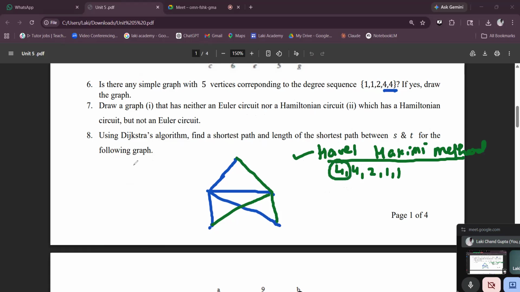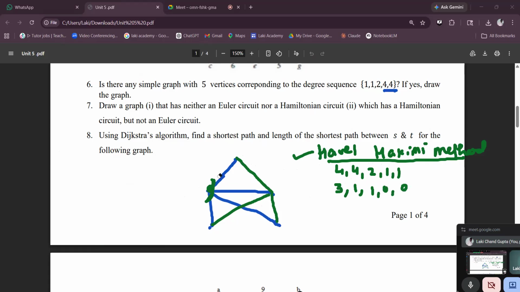This vertex is connected to four other vertices, right? The first vertex is connected with the next four vertices. It means when you delete this vertex, the degrees of all the other vertices are subtracted by 1. Understood?